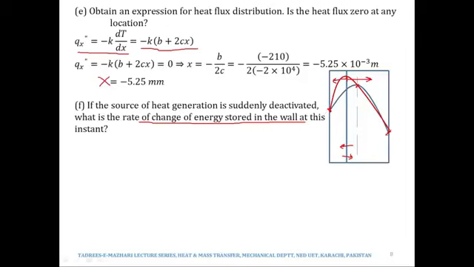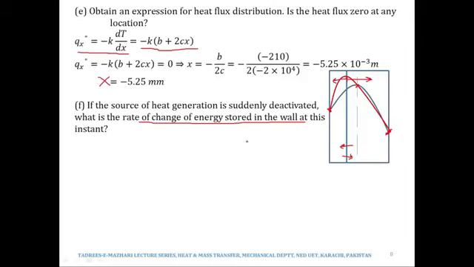The same thing will happen over here. The temperature over here was 69. So if that source of energy generation is deactivated, then the temperature would start coming down from 69 to 68, 67, 66, 65, and eventually it will attain thermal equilibrium with the surrounding fluid, which is at 20 degrees Celsius.